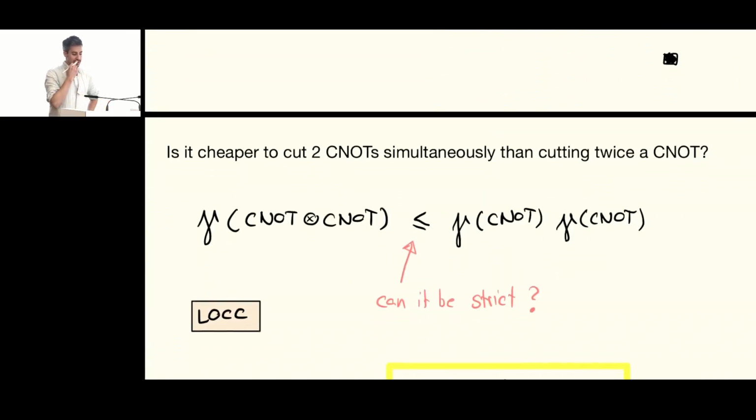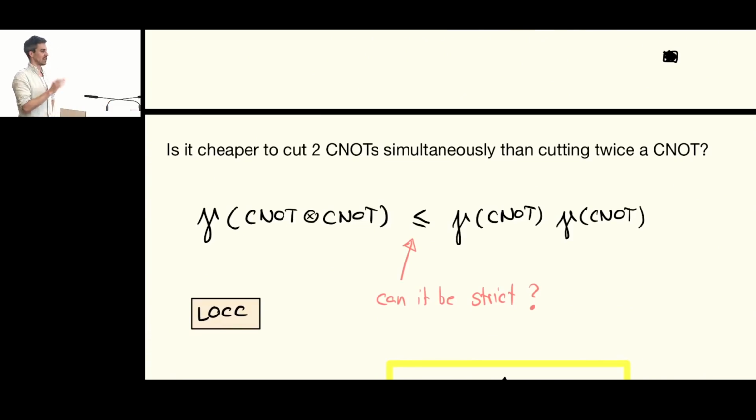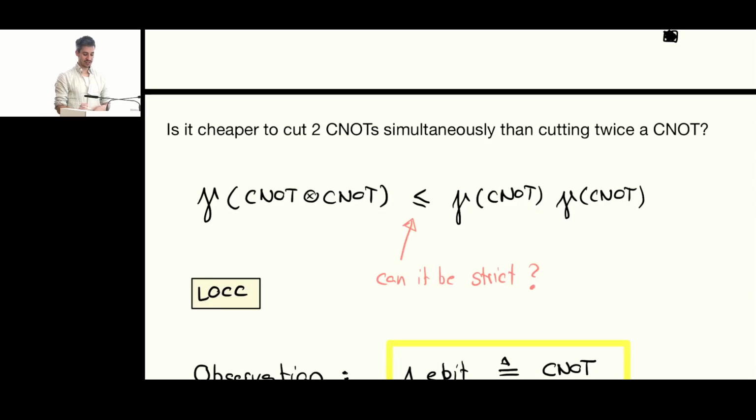Now, okay, now we understand the gamma factor for one CNOT gate. So the next question that you could ask is: is this gamma factor multiplicative under tensor products or not? Or, in a less technical description: is it cheaper to cut two CNOTs simultaneously than to cut a single CNOT twice? And of course, this inequality is always true, right?